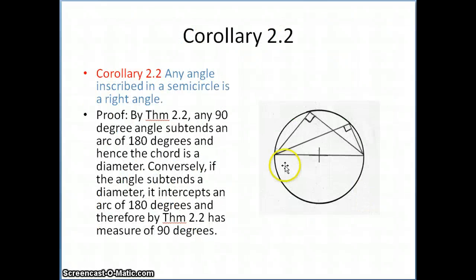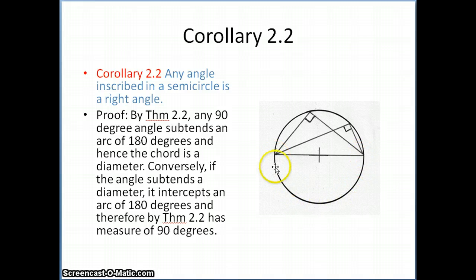Conversely, if we know this is 90 degrees, can we say this must be a diameter? Yes, because it's kind of the reverse of what we just proved. If we know this is 90 degrees, it's an inscribed angle. So by theorem 2.2 again, what is the measure of the intercepted arc?